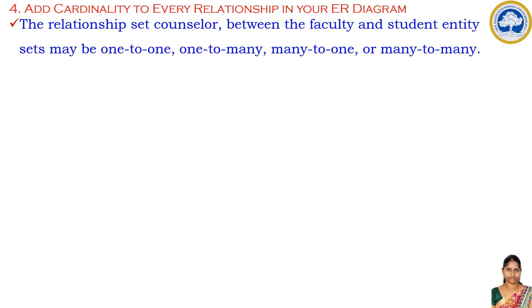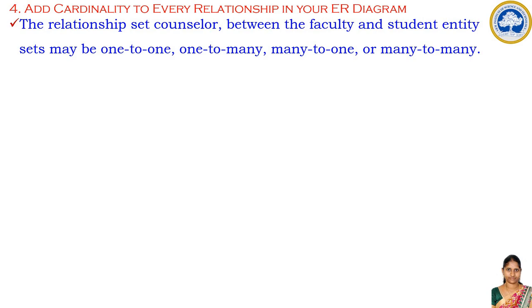One to many, if I mention, one faculty may be a mentor for many students, more than one student. Then many to one: many faculty may be mentors for a particular student. And many to many: many students may have many faculties as mentors.